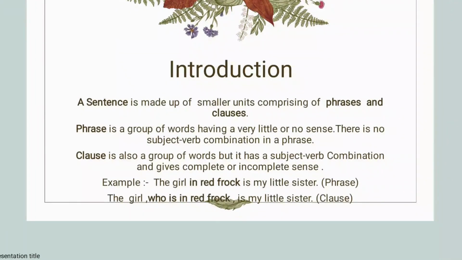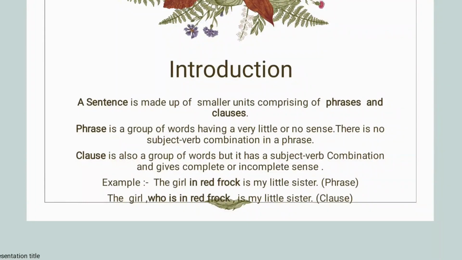Now let us take another example. The girl who is in red frock is my little sister. Who is in red frock? Now here, who is in red frock is a clause. Because you know who means the girl, and is is a verb, isn't it?